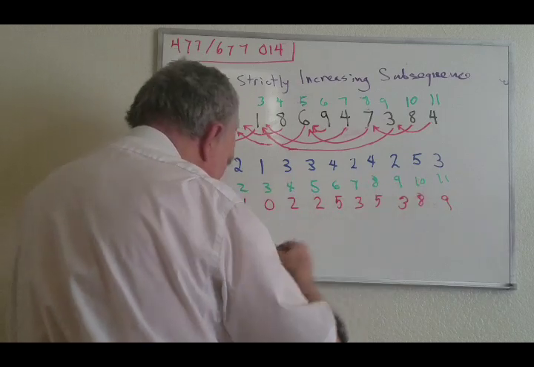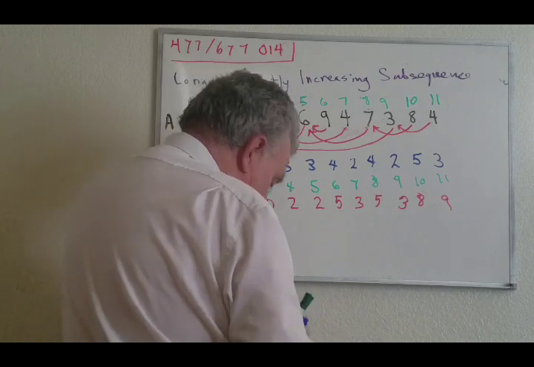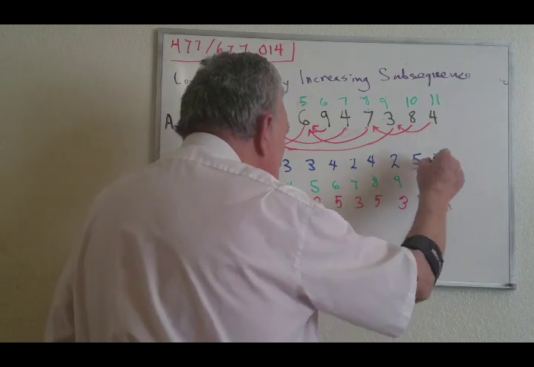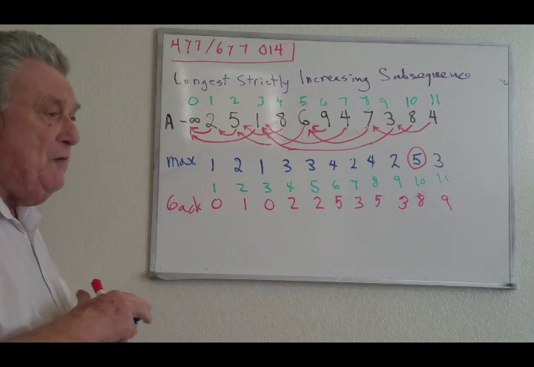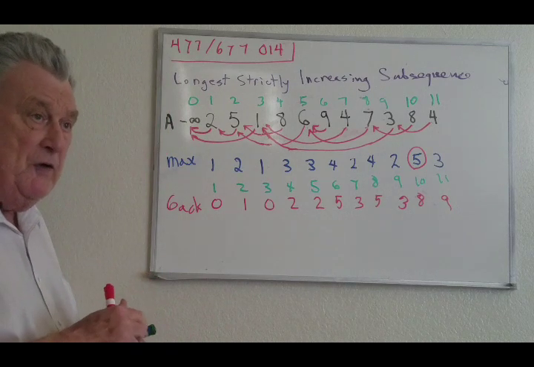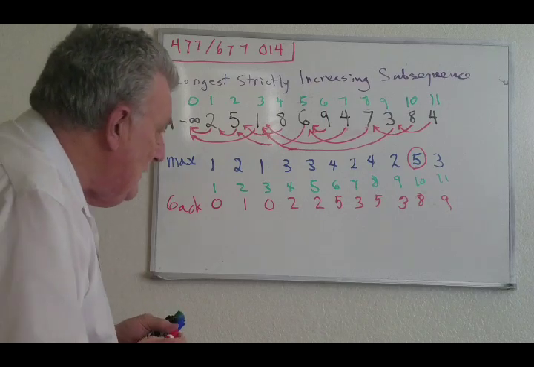When we look at the maximum length of a subsequence, this would be the actual answer to the problem if you asked what is the longest strictly increasing subsequence. The answer is 5.